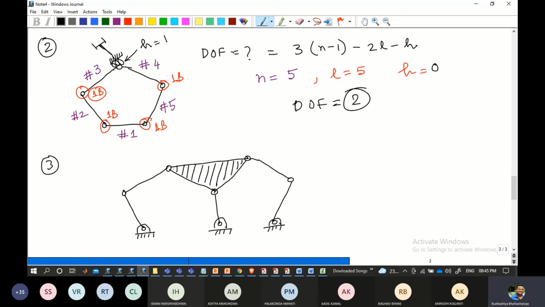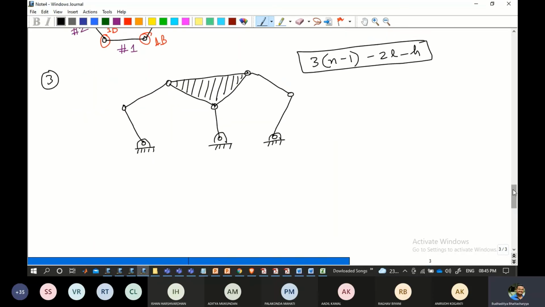Now suppose this is a mechanical structure, or a mechanism we have, and we want to find out the degree of freedom for the same, using the same equation, 3(N minus 1) minus 2L minus H. So this is the equation. The first thing, because this is a little different question from what we have solved so far, the rule is to find all the links, because we have to find out what N is.